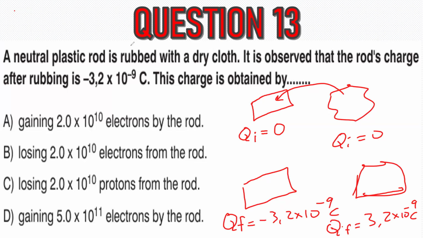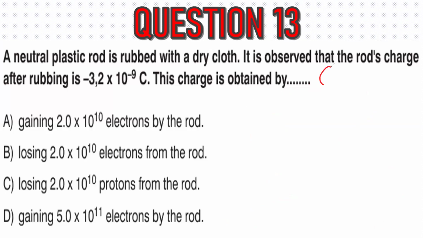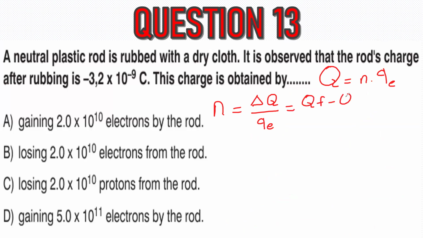So now we can calculate. So what was our formula? Q equals N times Qe. So number of electrons transfer equals delta Q, change in charge, over Qe. And then Q final minus Q initial over Qe. We are looking for number of electrons transfer. If you are talking about electron transfer, you must use delta Q. All right.